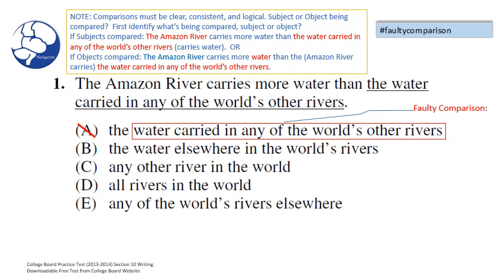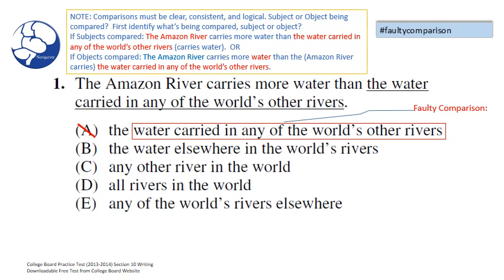And having that understanding, we can get rid of A, because in A, we can see that when we substitute the water carried in any of the world's other rivers as the subject of the sentence, this makes no sense, since the Amazon River is carrying water, and the water is not carrying other water, or water is not carrying itself.